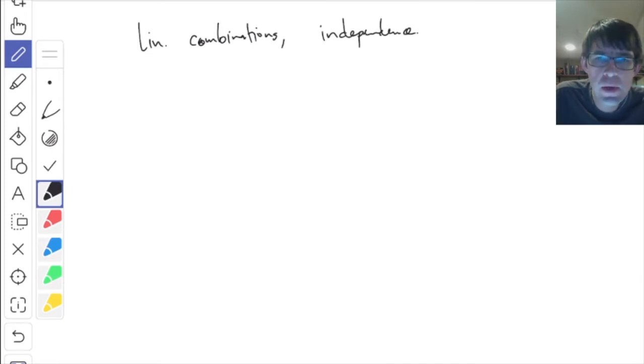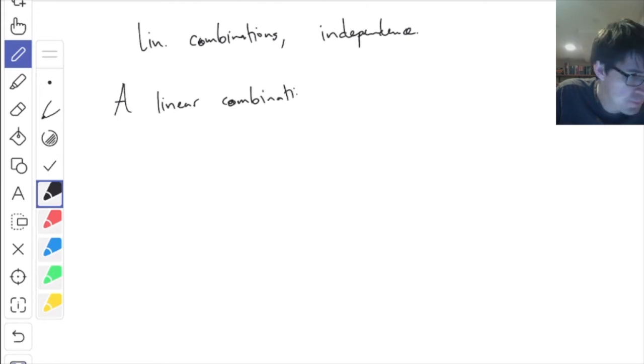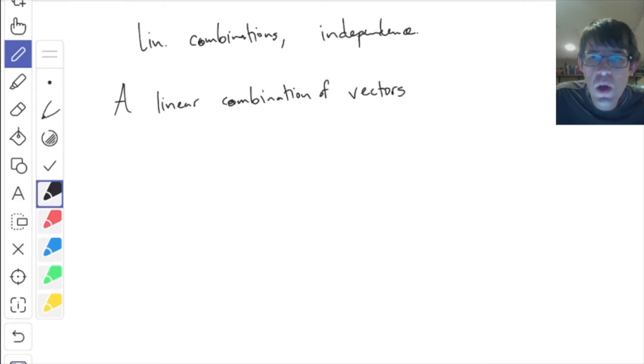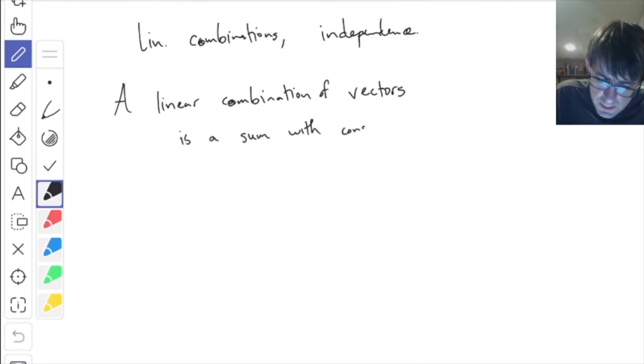The concept of a linear combination is not a hard idea. A linear combination of two vectors is just any kind of sum with constant coefficients. So a linear combination of vectors is a sum with constant coefficients.